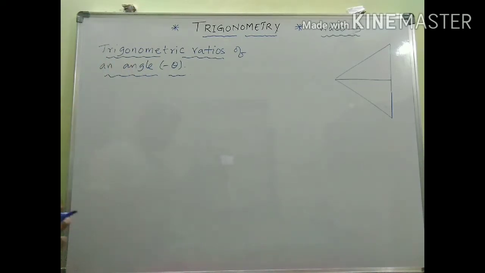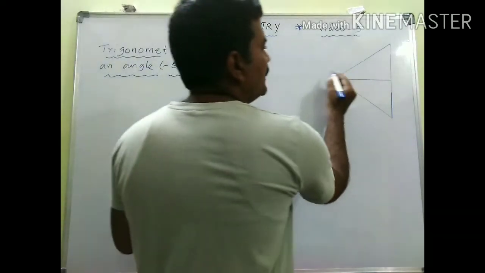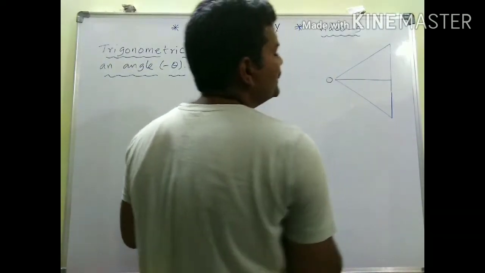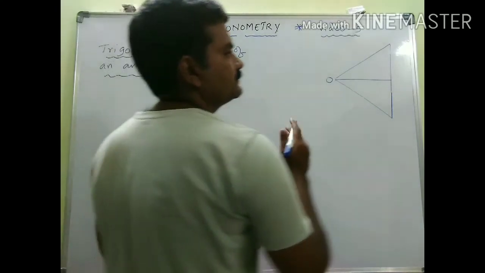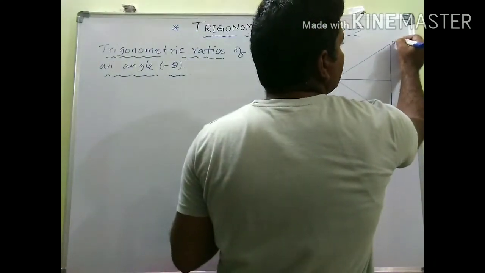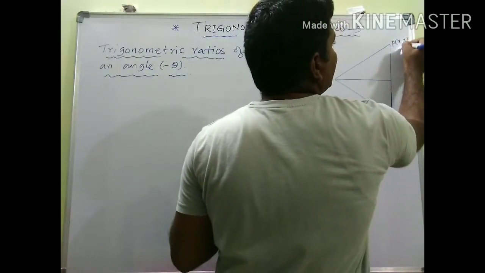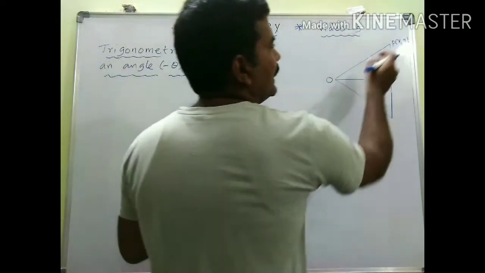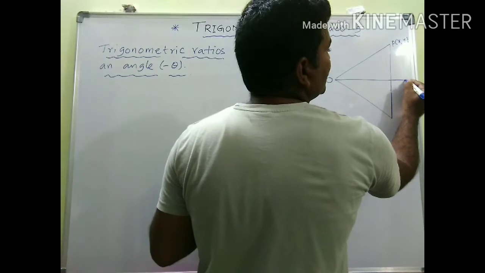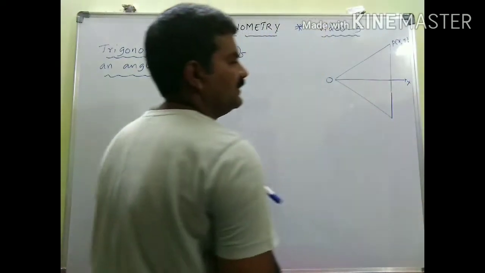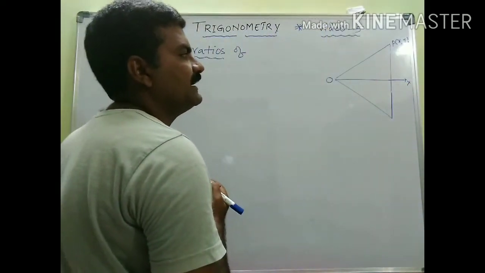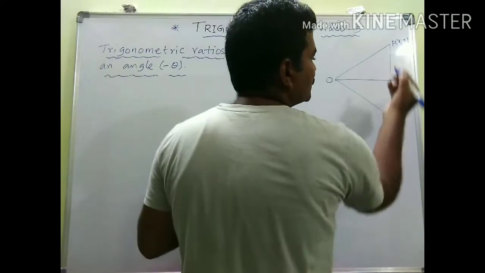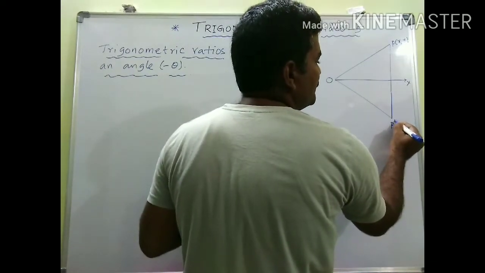Let me consider O as the origin, and say P(x, y) is any point in the first quadrant, with OX being the positive direction of the x-axis, and its image P dash.